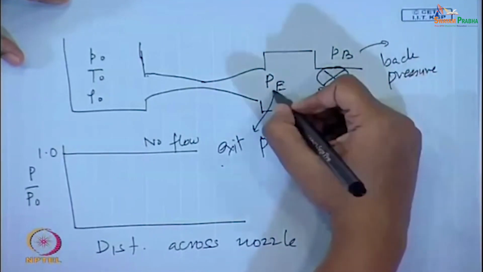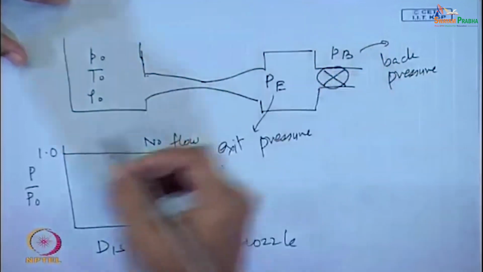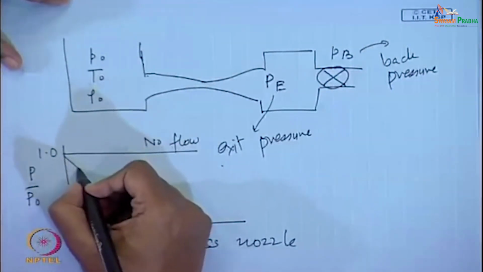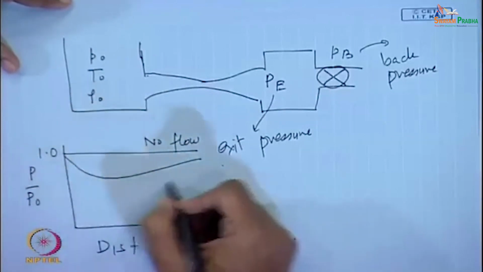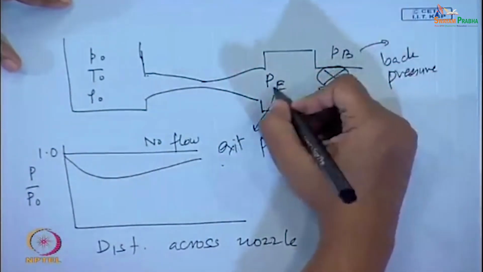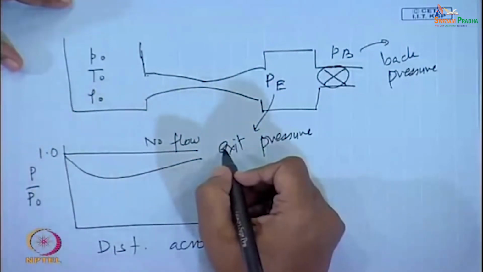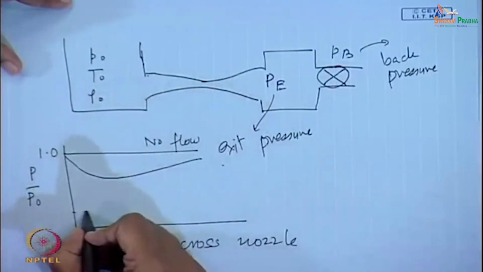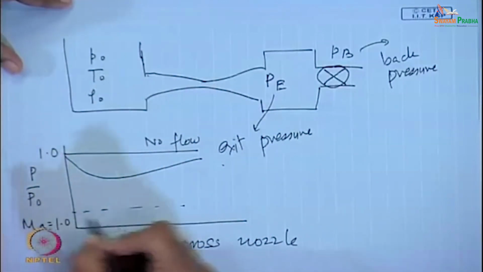As we reduce P b, P e equals P b and flow starts. So we find it is something of this sort. We keep on reducing P b, P equals P b, and we get a flow like this. This goes on till we reach Mach number equals 1.0.